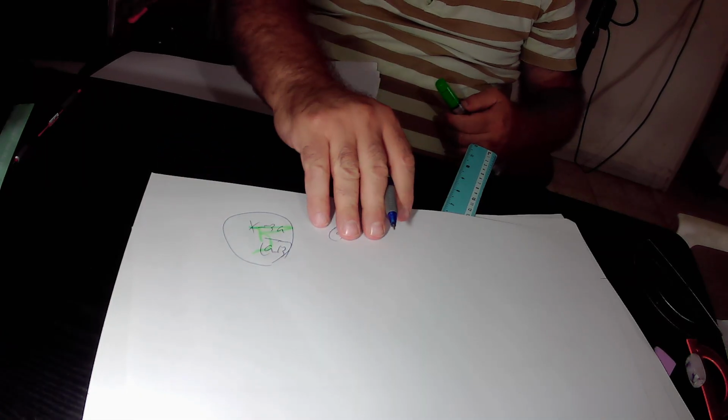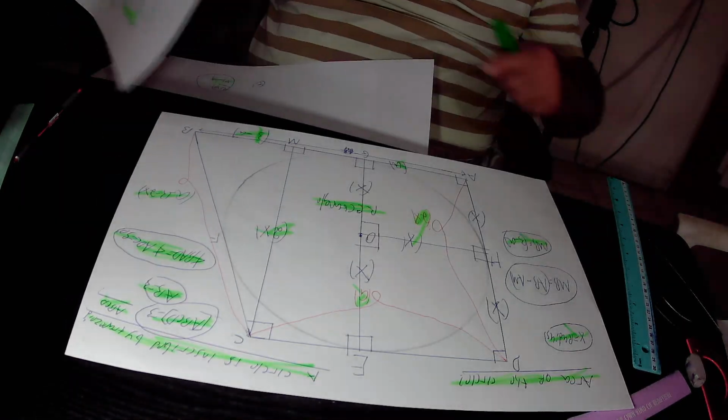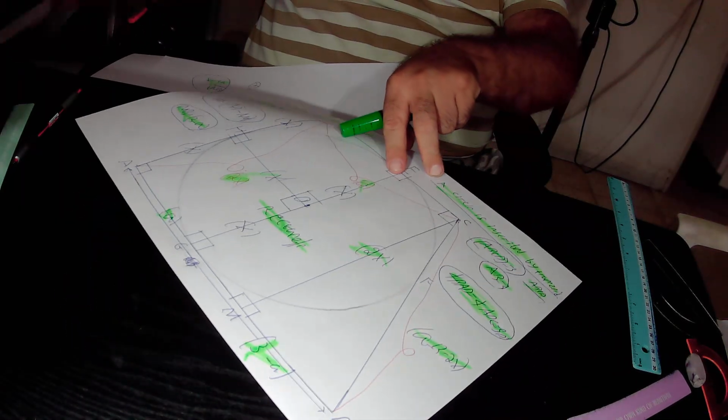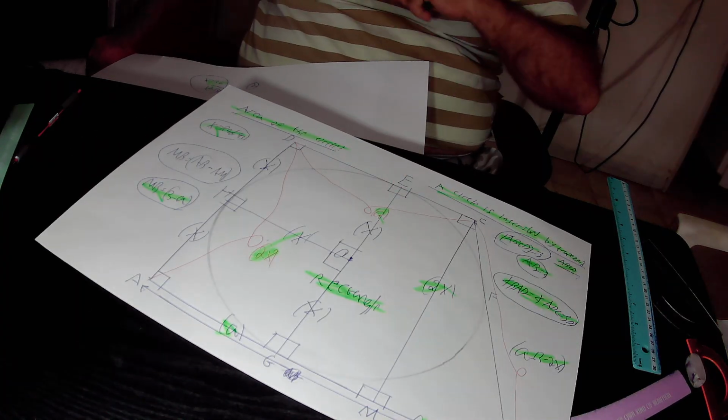We know that the area of this trapezoid ABCD is equal to 3 square units.